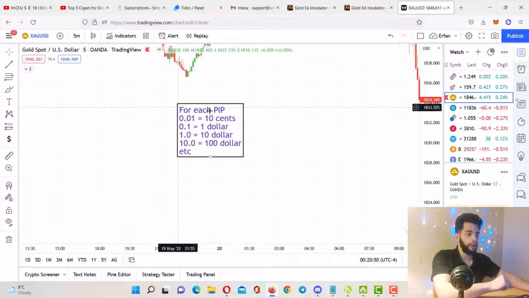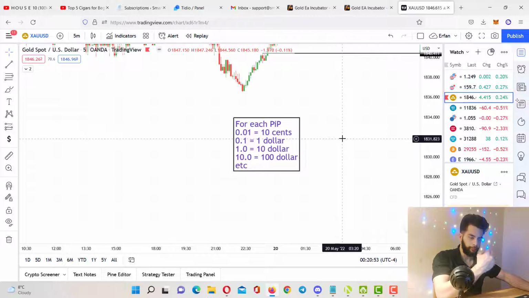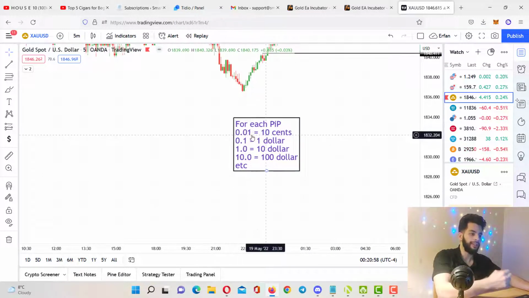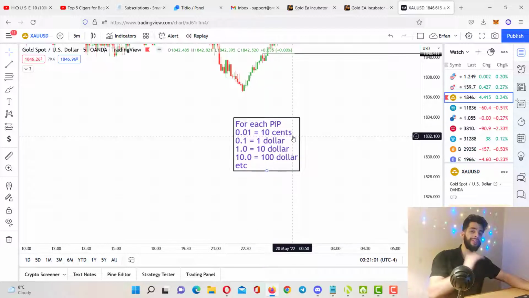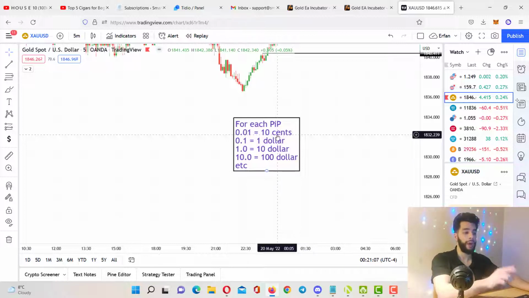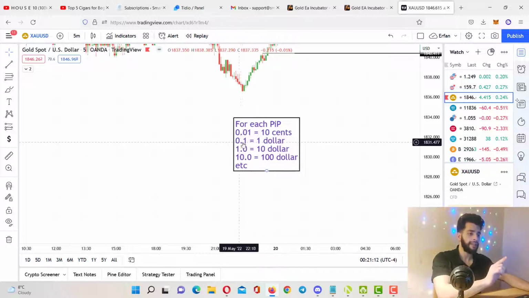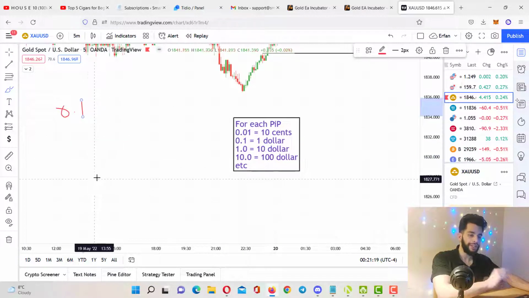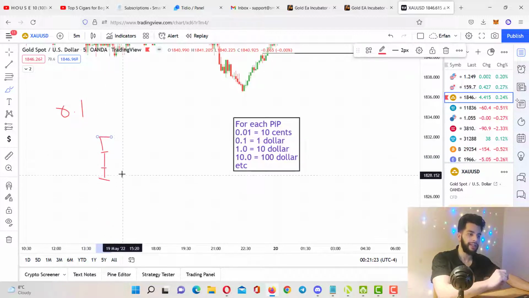So for example, money-wise, for each 0.01 lot size that you open, you're risking 10 cents. It means that if the price of that pair goes up or down by 1 pip, you're risking 10 cents if you have a position that is 0.01, and 0.1 is $1. So when you have a position of 0.1, for each pip it moves, you're risking $1.